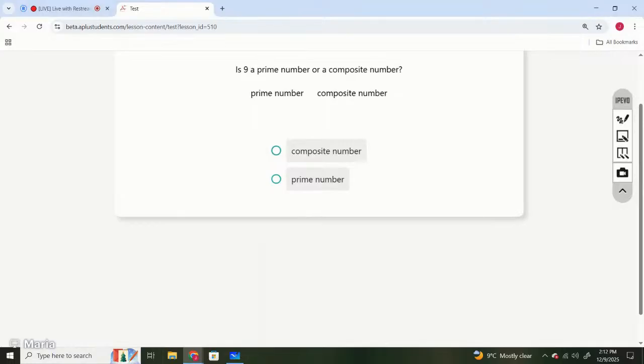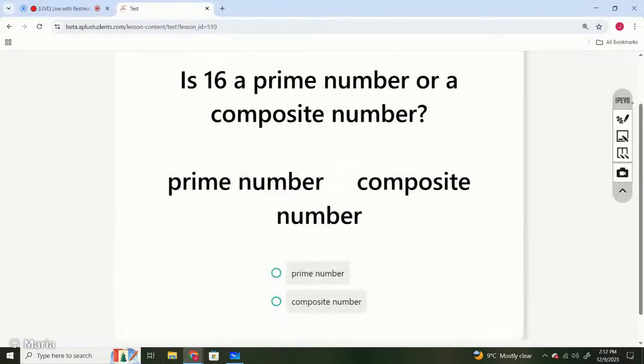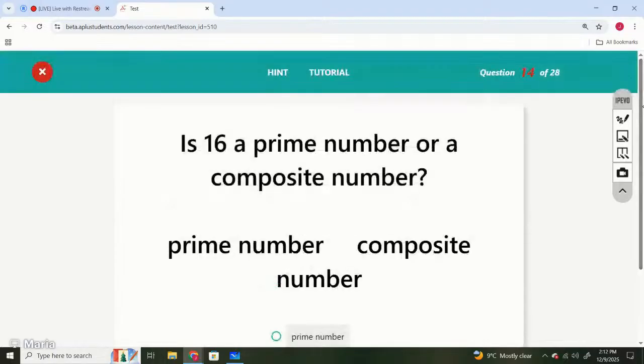Is 9 a prime number or a composite number? 9 is a composite number because 9 has more than two factors. Very good. You can complete the lesson by yourself. Let me just move on to the next lesson.